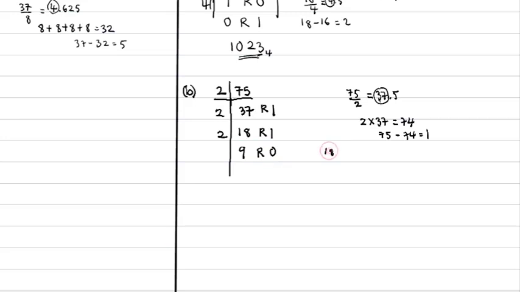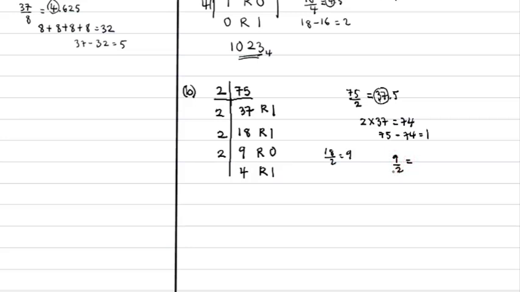If you say 18 divided by 2, it's purely 9, no decimal, there's no remainder, so we're going to put 0. So again, 2 in 9 will give us 4, remainder 1.